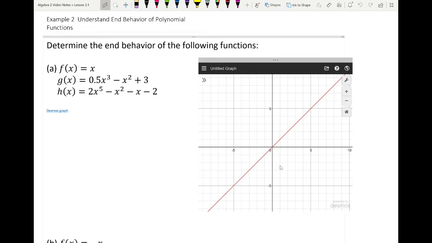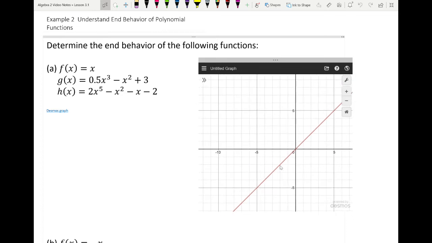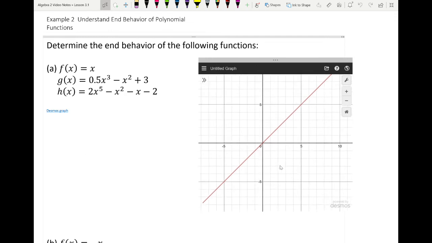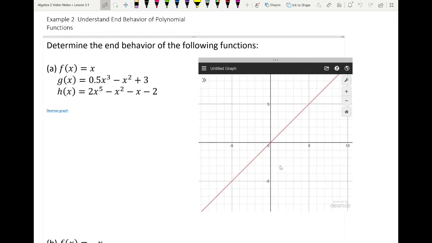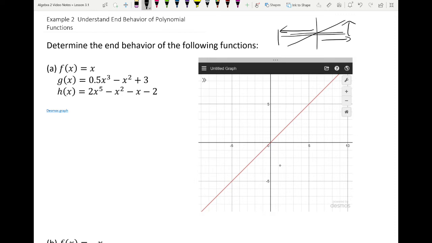Notice the end behavior, as x approaches positive infinity, this is how the graph looks. As x gets bigger, y gets bigger. So you see that pattern, as x gets bigger, y gets bigger. And then as x gets more negative, y gets more negative.